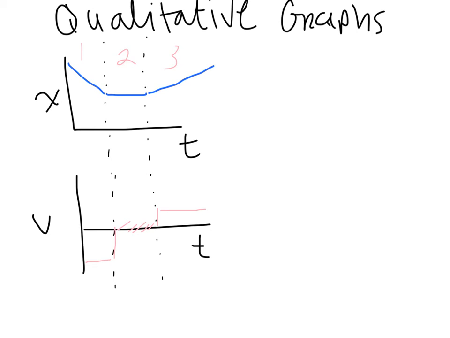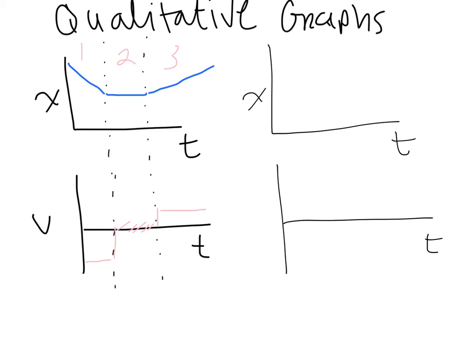Let's now look at a velocity time graph and translate that into a position time graph. I'm still going to draw the position time graph and the velocity time graph underneath. Let's say this graph starts in the positive, goes to a shallower positive, goes negative, and then ends at 0.